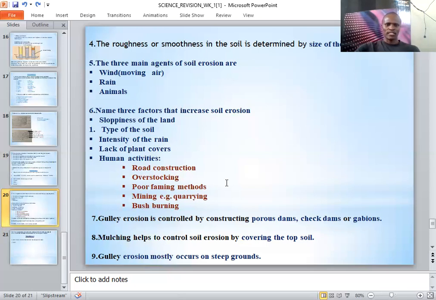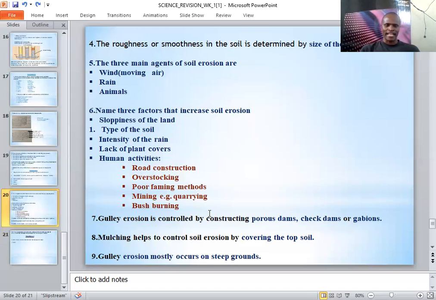the poor soil structure. Then we have mining, especially quarrying. You know, the mining areas, they expose the soil or the entire place. They interfere with the topsoil. They dig deep holes there, and you can see what always happens in those areas. There are no farming activities that can take place where mining is taking place.